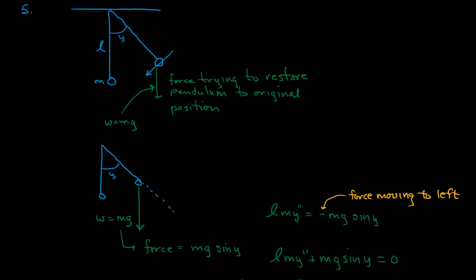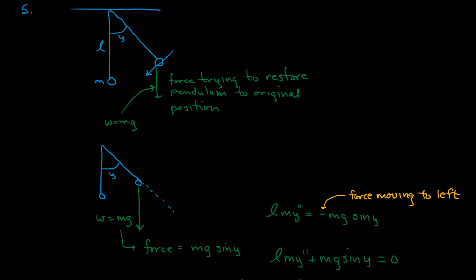Another example involves a pendulum. You start with a weight on the end of a string or something or other. You move it over some amount. And then when you release it, it's going to want to move back to its original position. There's a force, gravity, acting down on this mass, trying to move it back to its original position.